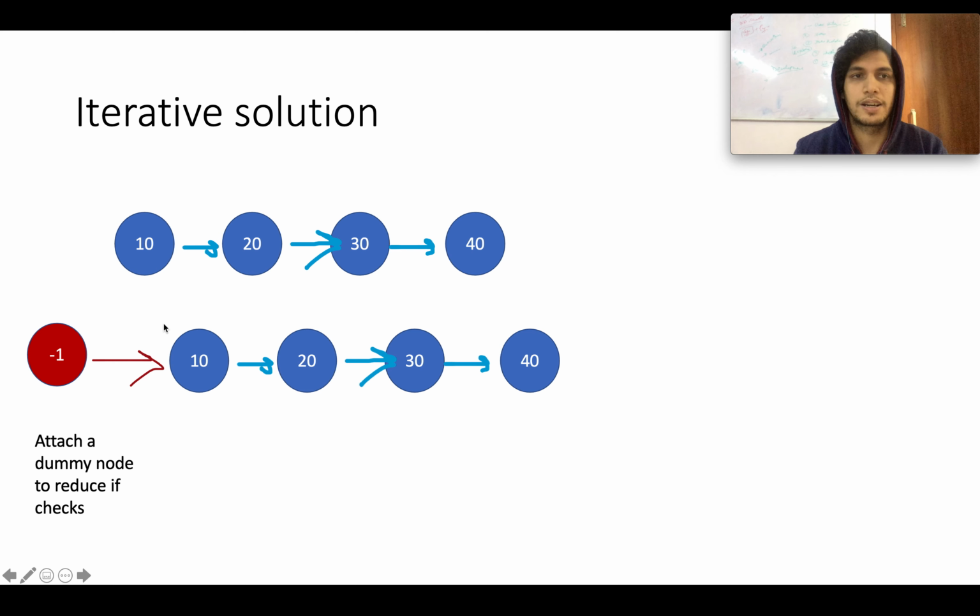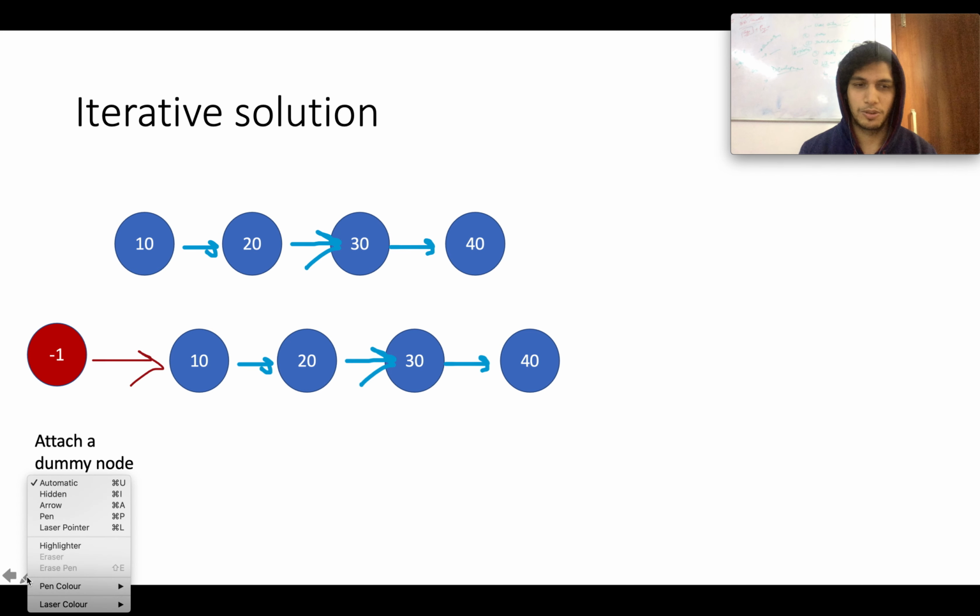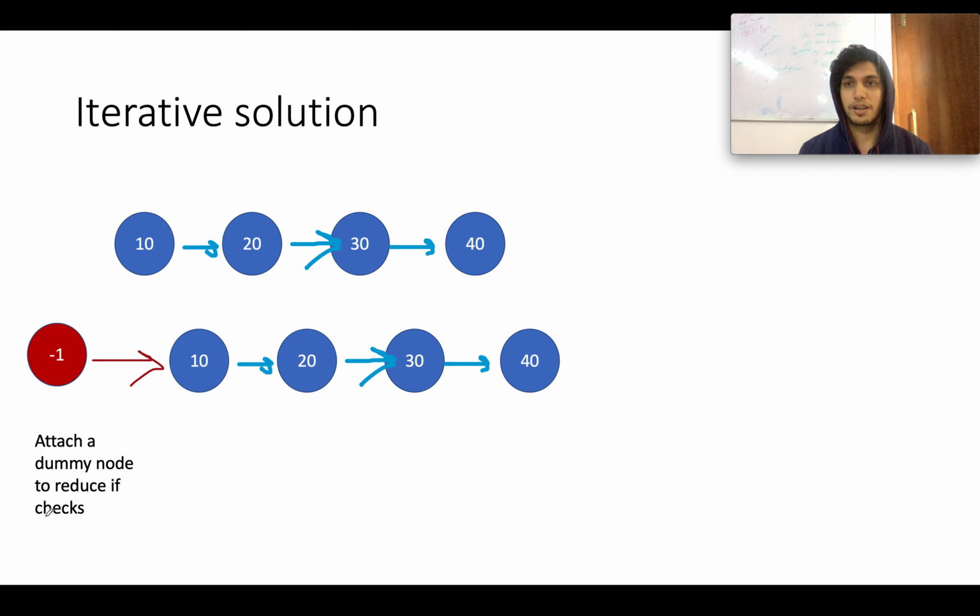Always remember that in every linked list problem, attach a dummy node to the head of the linked list. It will help you reduce the complexity of the code. It will become less verbose, and you don't have to think of unnecessary if checks when something is null. So it will help you write cleaner code.